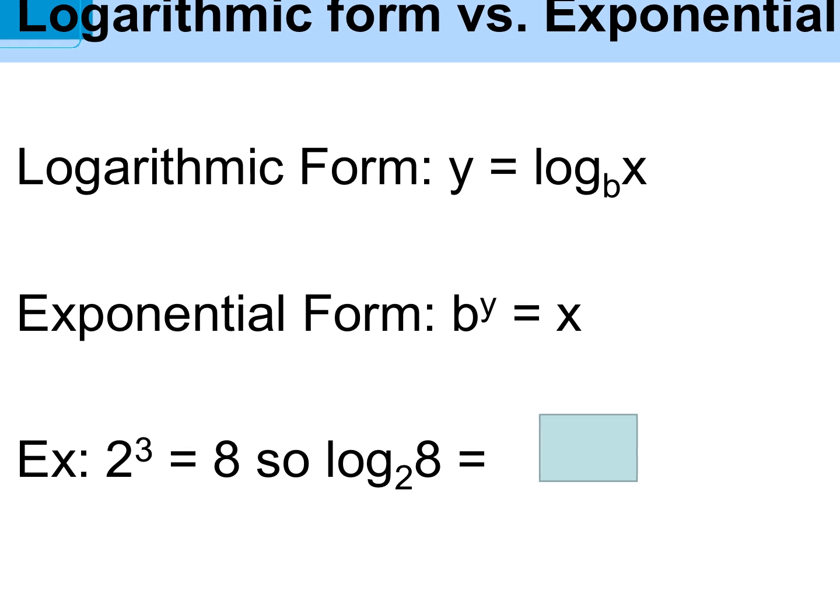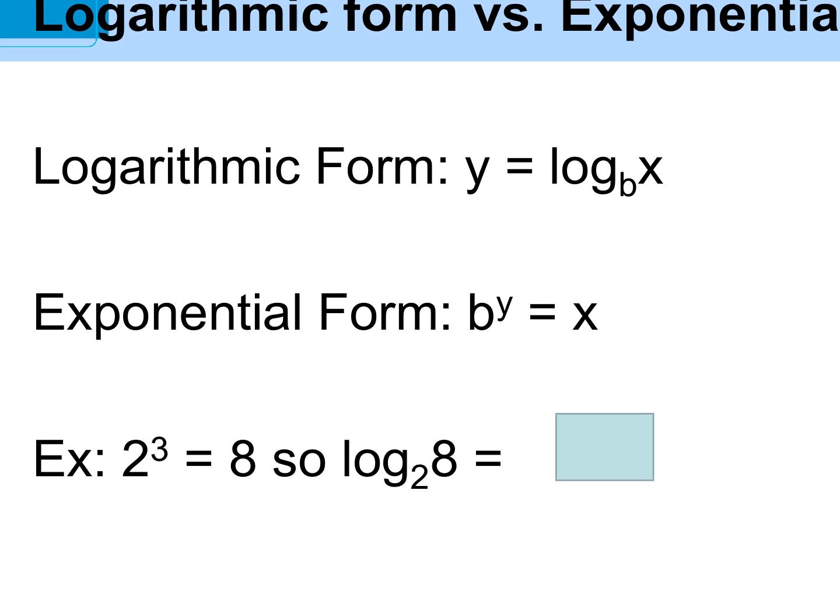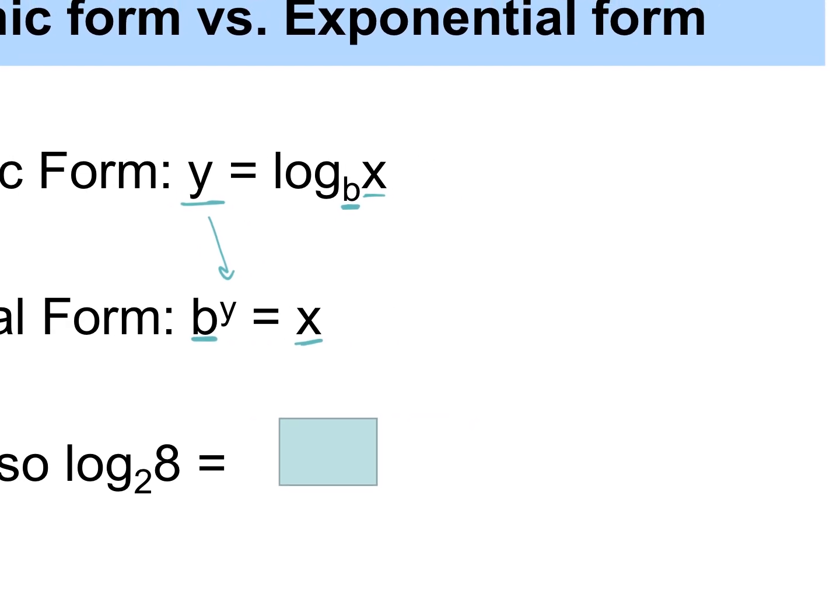So we're going to be rewriting from log form to exponential and exponential to log. We always start with the base. So our base is b. The number that it's equal to becomes our exponent. And then what we're taking the log of would be what it's equal to. So the other two numbers kind of switch positions. If I had, let's say, log base 2 of 5 is equal to x, I would start with the base.